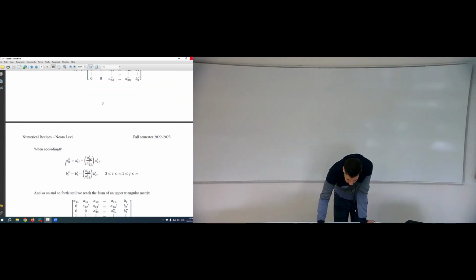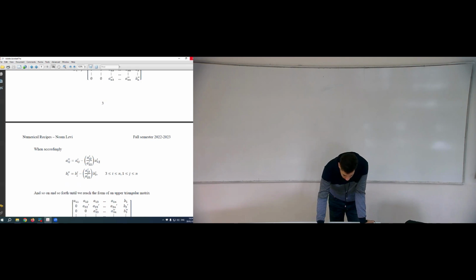So how do we write it? The ith row, I start with the third row, of course, is replaced by the ith row minus Ai2 prime divided by A22 prime multiplied by the second row. And I do the same thing for the B's.